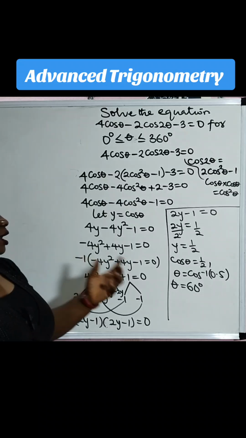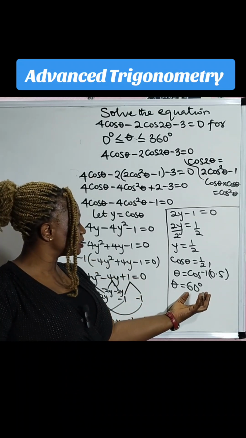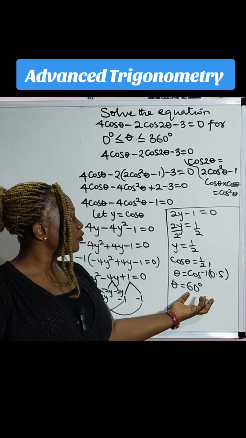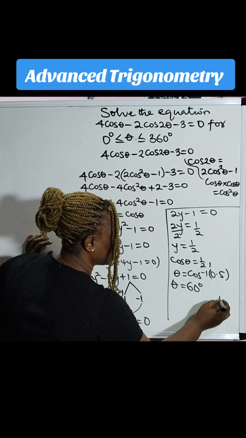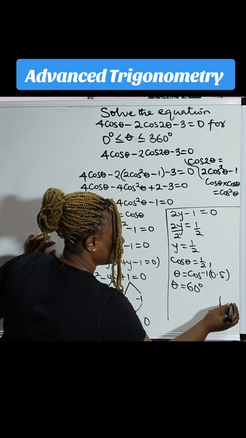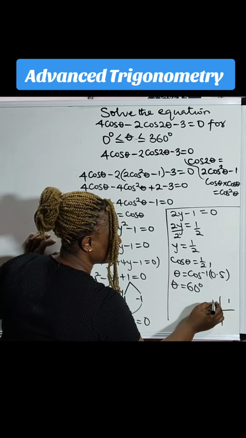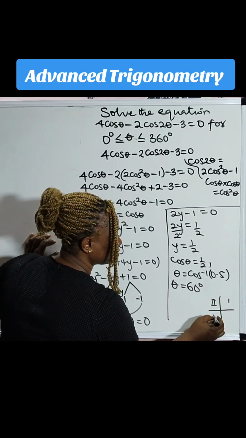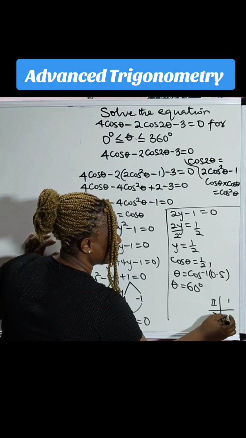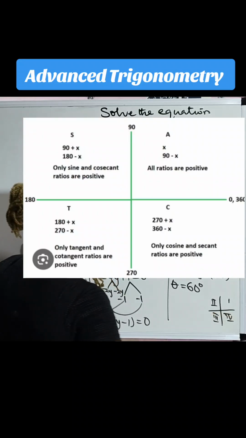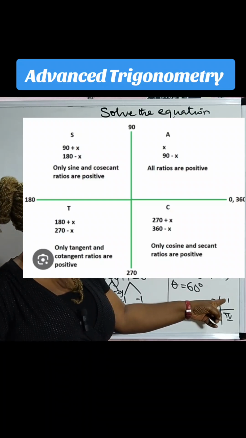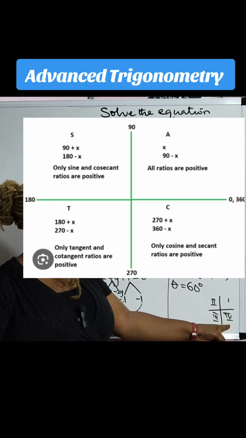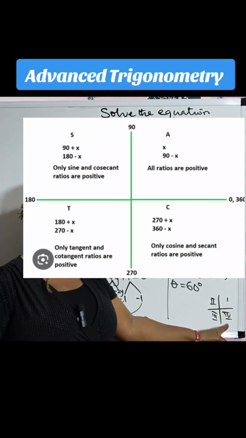Now, remember that this 60 degrees, if we go to our quadrant, let me just put it here. Our quadrant, we have first quadrant, second quadrant, third quadrant, and our fourth quadrant.